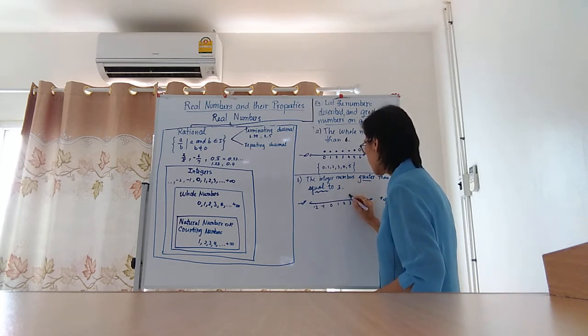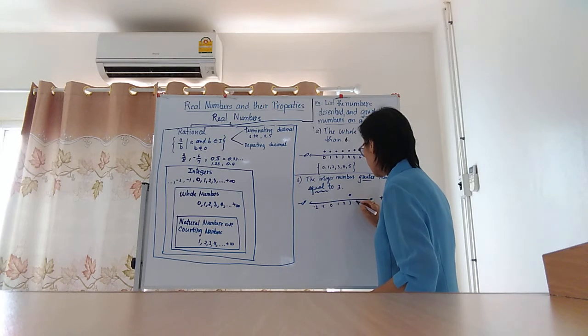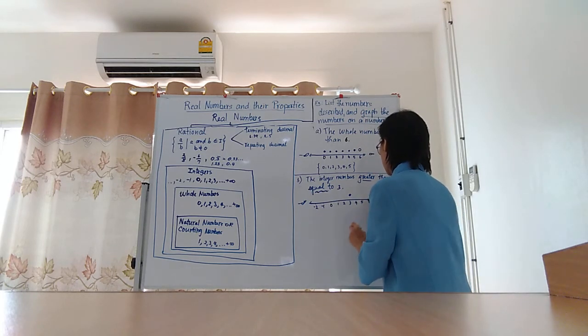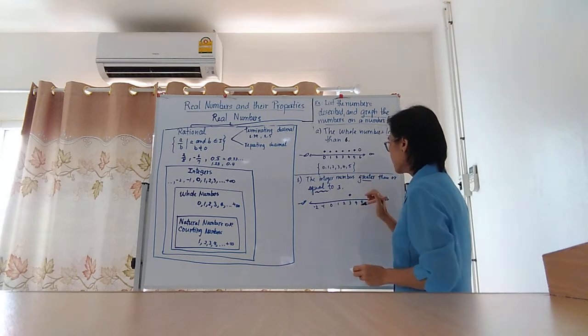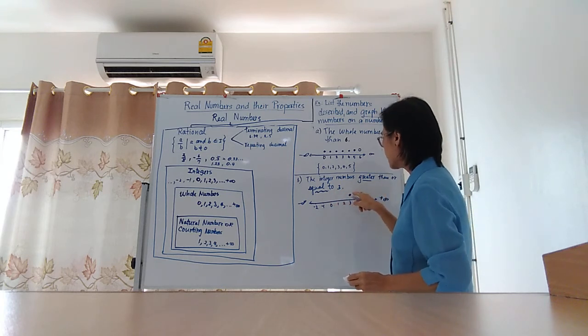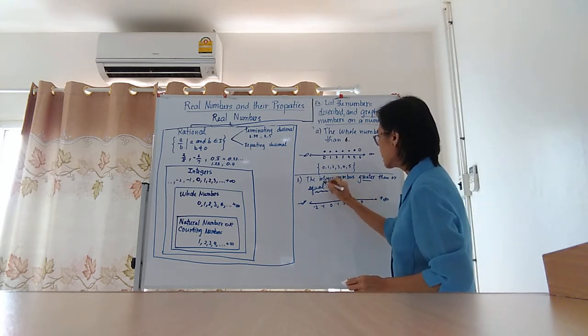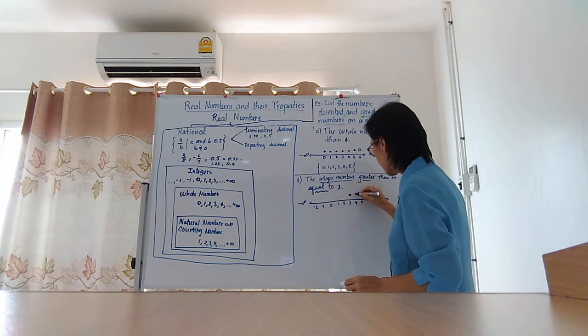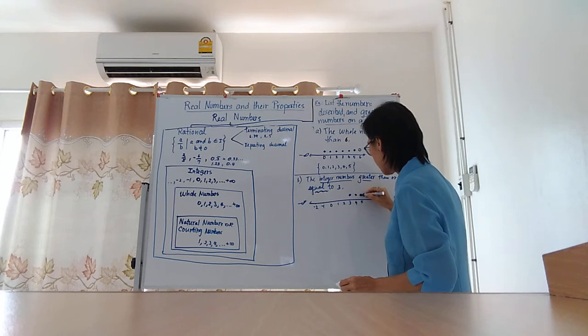So you fill in the dot. Greater than or equal to 3, filled dot here. Because this is an integer number, you write down 4 filled, 5 filled also.